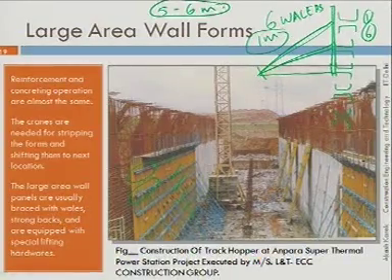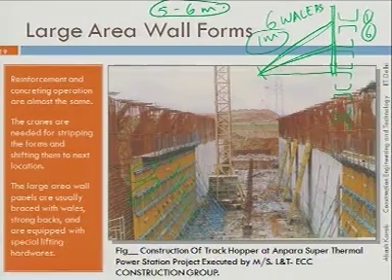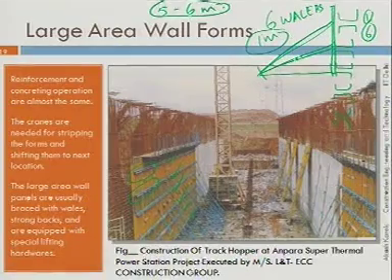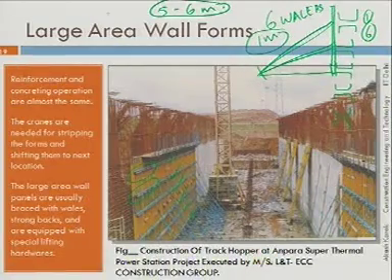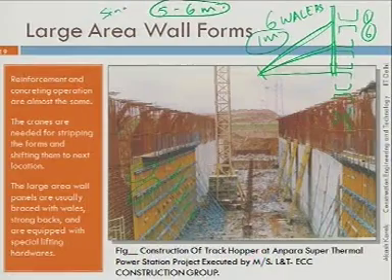So, we are talking of the height of wall of the order of 5 to 6 meters in one pour, single lift. So, in single lift this height has been achieved. Okay.